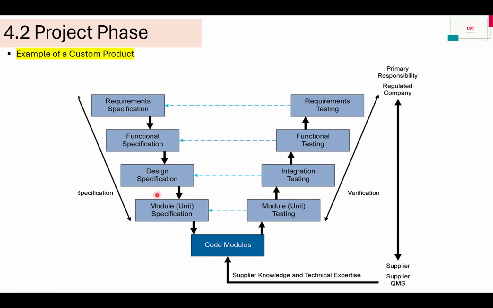Then the module unit specification, if you have something specific module in that particular system. So a module specific specification should be there. Then code the module, meaning your product is going to be prepared. So in this part, we have supplier knowledge and our technical expertise.